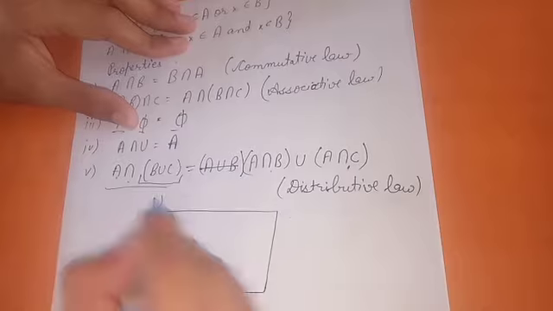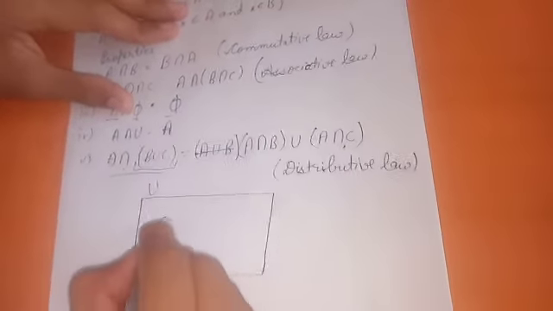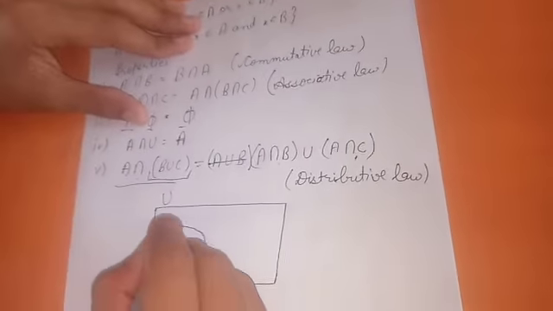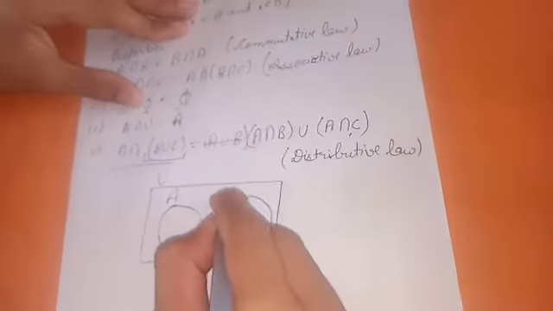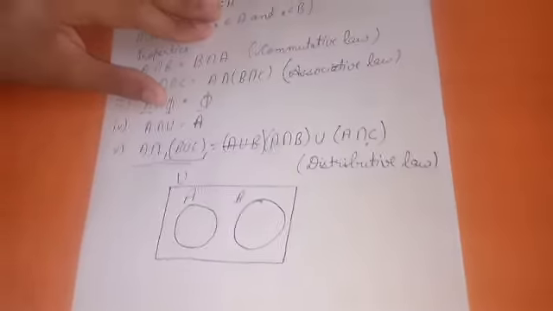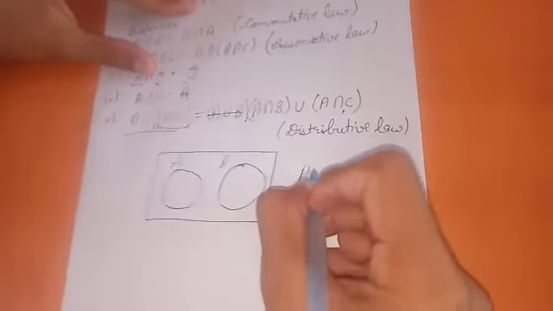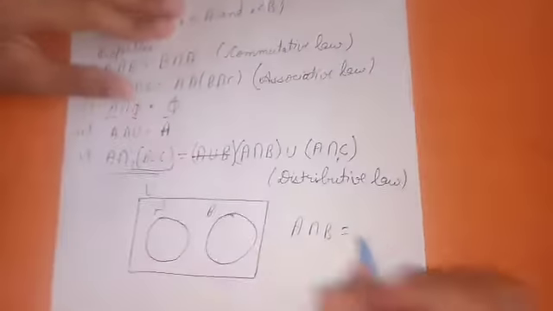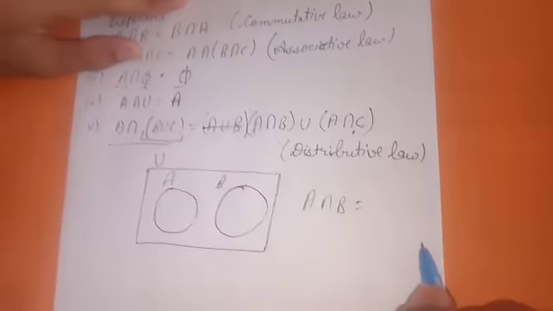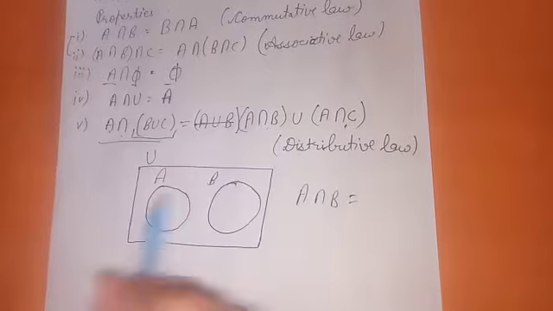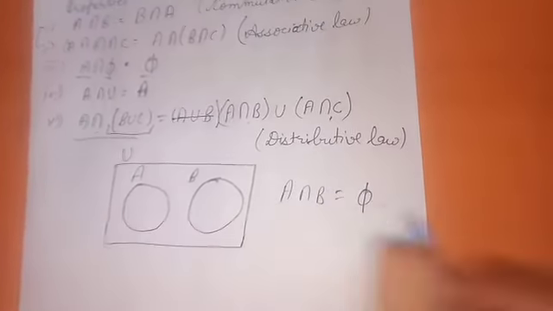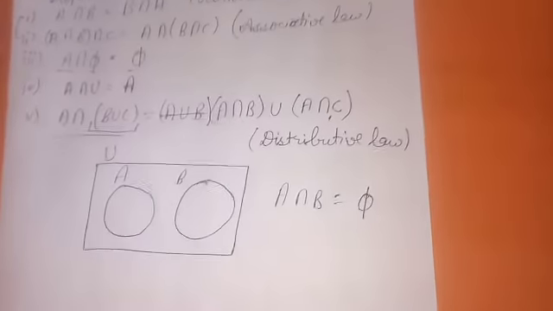It is our universal set U. It is my set A and it is set B. Now if I do A intersection B, what would I get? It can be seen from the figure that no element is common in both. That's why they are drawn separately. So it is phi, which means nothing.